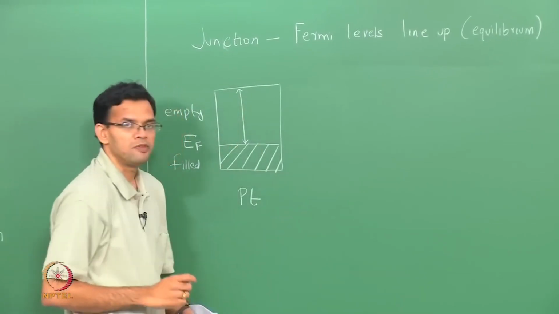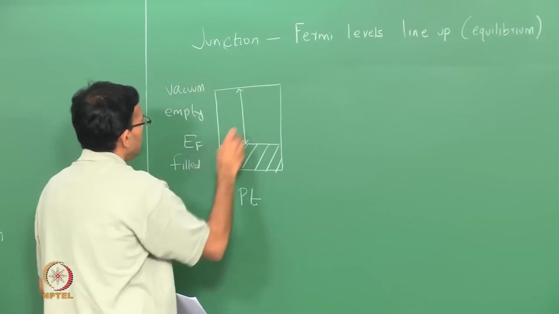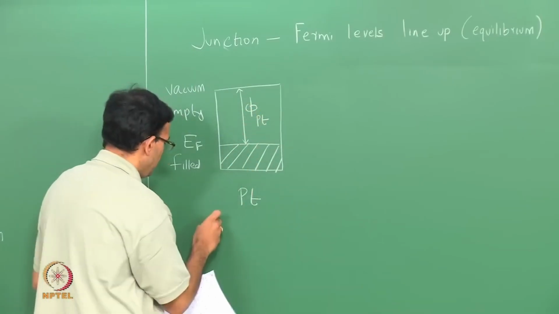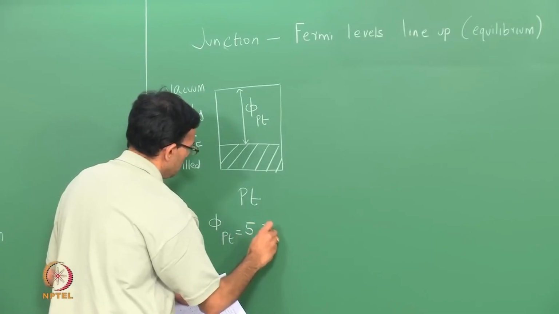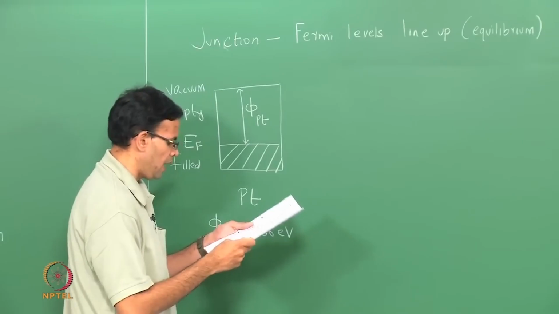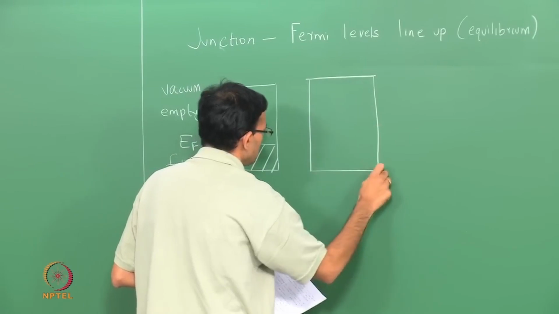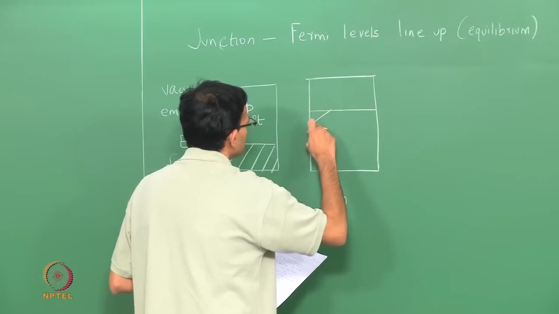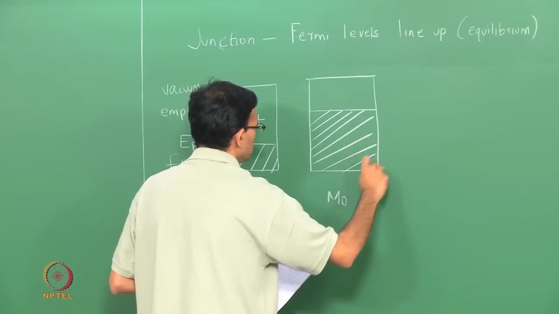The distance from the Fermi level to the vacuum level, the topmost level, is the work function. I am going to call it phi of platinum, and platinum has a work function of 5.36 electron volts. So, I am going to form a junction between platinum and molybdenum.